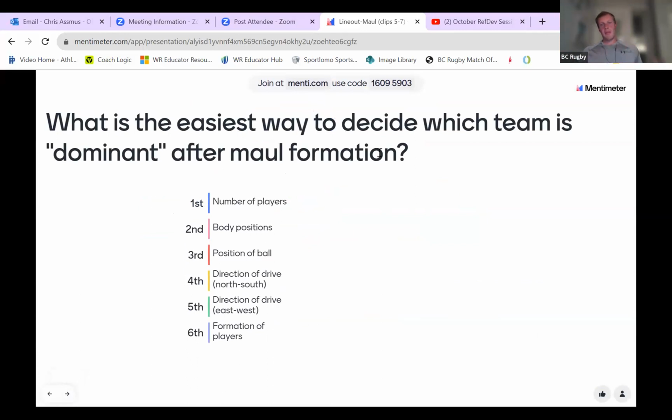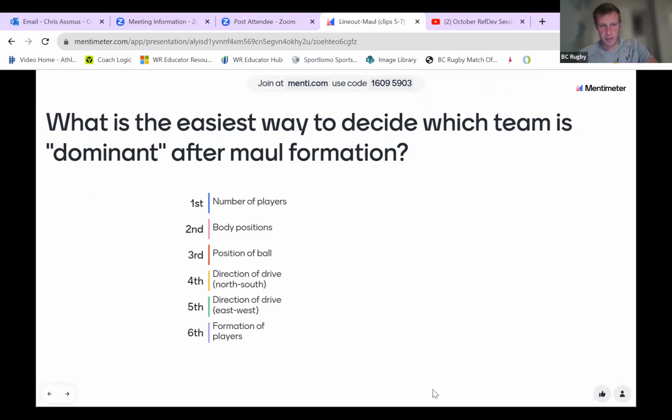So given that we have 3 different ways, generally speaking, to defend this line out maul situation that's so important for so many teams and so many attacks and exits for that matter, what is the easiest way for us to decide, as not just referees but lovers of the game, which team is dominant in inverted commas after the maul formation?